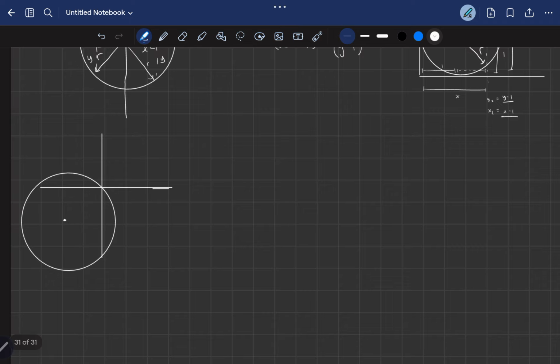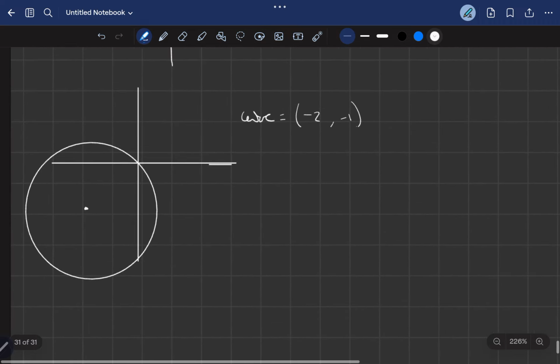Let me write it over here. Center equals negative 2, comma, negative 1. Okay? And again, we're looking at a random value and radius, r like this. So, let's find, so we're looking at this corner, there's a point P.